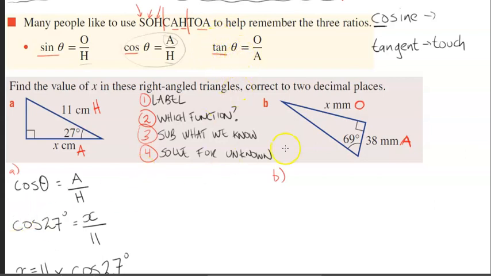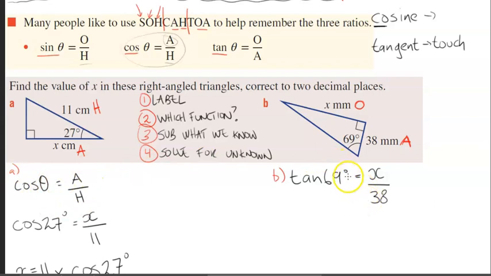So what we can write in is the tan of 69 degrees is equal to the opposite, which is x, over the adjacent, which is 38. Now, in the previous one, I wrote what the function is just as, okay?